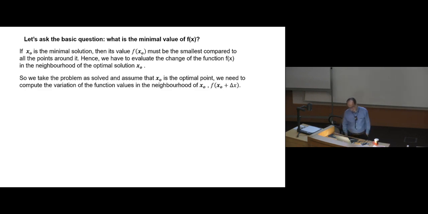So we take the problem as solved and assume that x naught is the optimal point. Then we need to compute the variation of the function values in the neighborhood of x0. So we want to compute f at the value of x0 plus delta x.